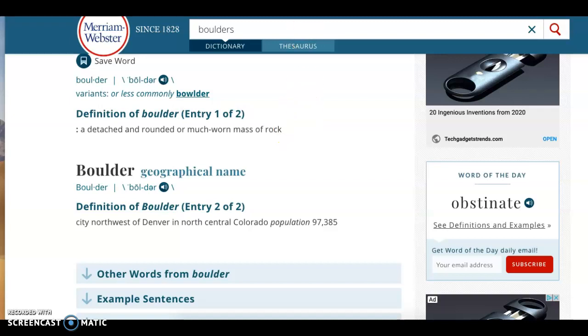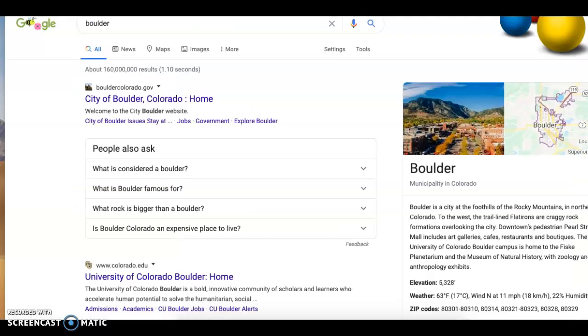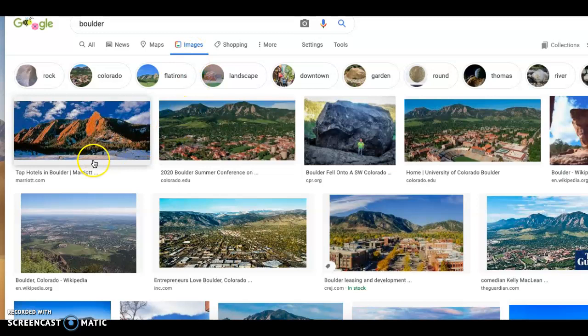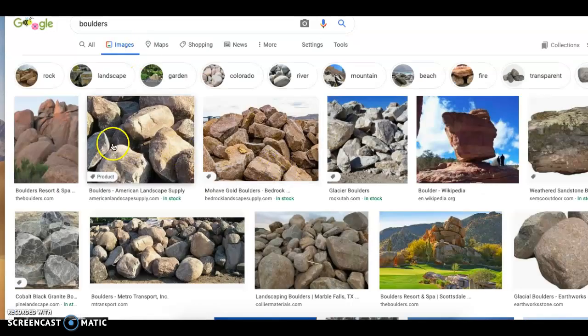If I were to go up here and look up a boulder, and remember you can Google images to help you understand the meaning of words. That's what good readers do. So let's look up boulders. And this is what a boulder looks like. It's just a very large, massive rock.